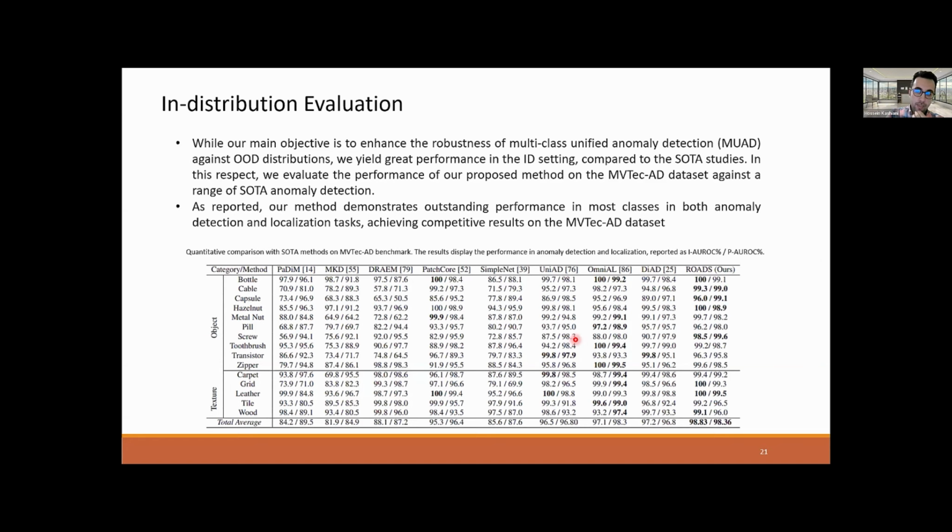As you see, in many classes we outperform most of the multi-class and single-class anomaly detection methods. You can see that in both settings, single-class and multi-class, we outperform the SOTA detectors.